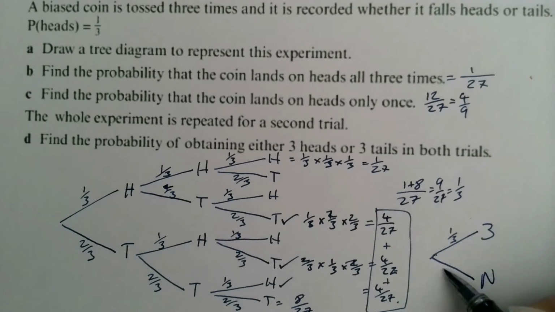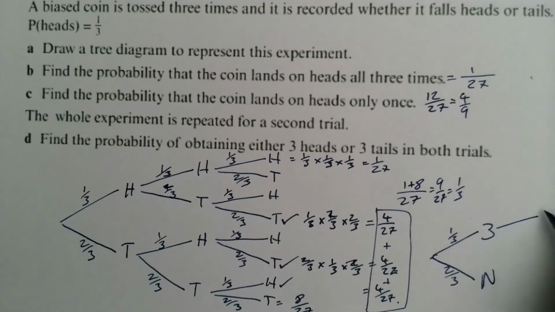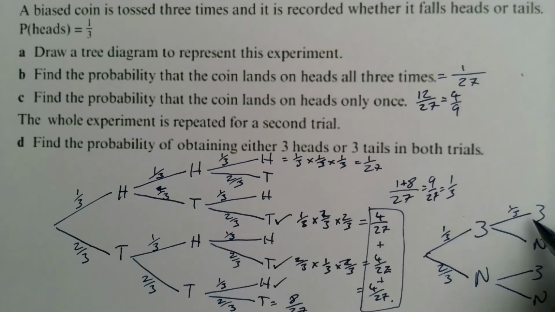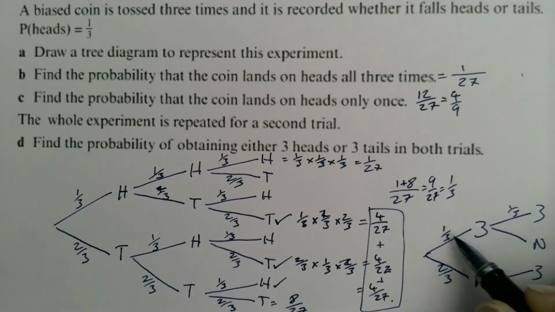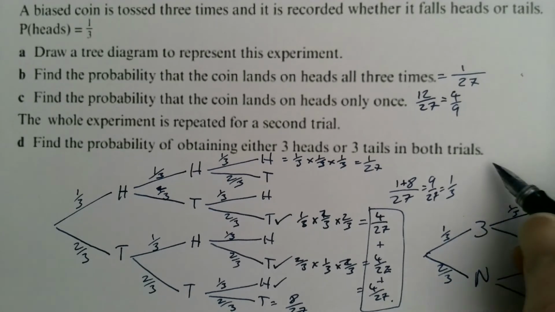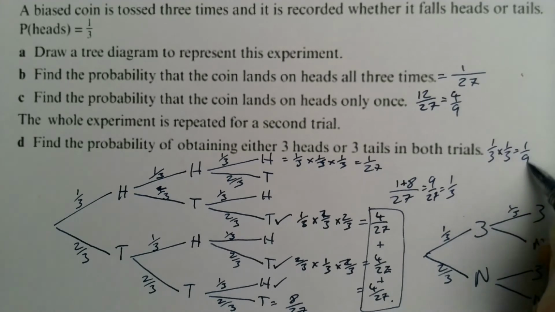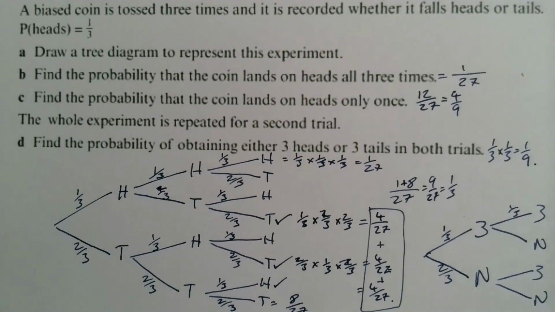Of it not happening is 2 in 3. And so if we do that again, we just need to worry about that. We want to get 3 heads or 3 tails in both trials. So it's 1/3 times 1/3, which is 1 over 9. You might want to rewind that and think that through again.